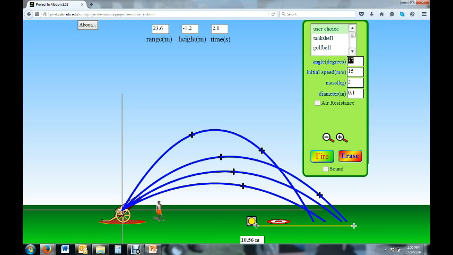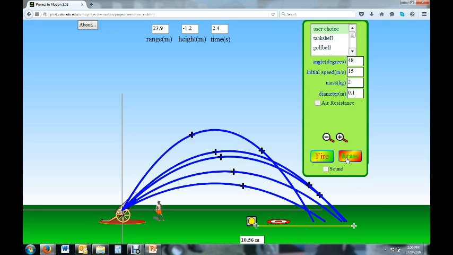And something a little bit bigger than 45, let's try 48. So, yeah, it went just a little bit less far. Just a little bit. Right? So 45 degrees will get me to go the farthest.